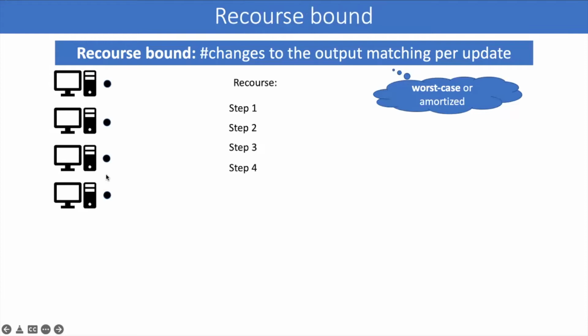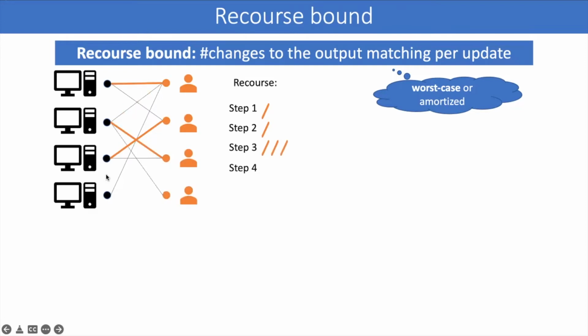One notion that we'll be interested in is the recourse bound. This is the number of changes to the matching per update step. Similarly to the update time, the bound on the recourse can be either worst case or amortized. We'll be particularly interested in the worst case bound.